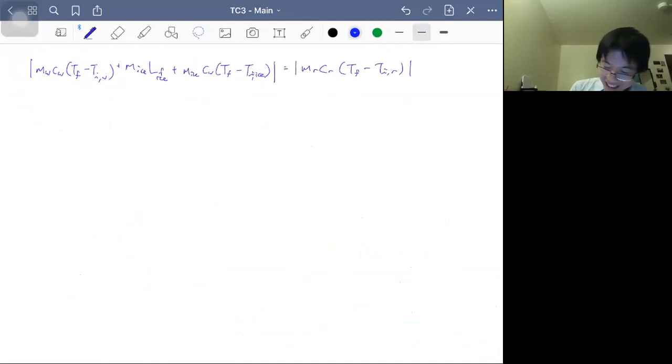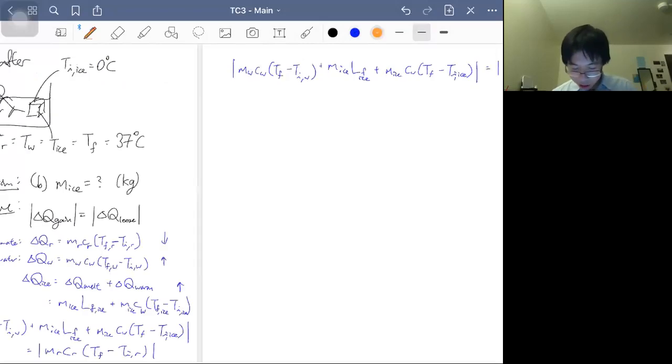All right, so wow, this looks complicated, right? Remember, when you have a long expression like this, you make it simpler by checking off things you know. Let's start from the very left, mass of the water. Am I given the mass of the bath water? Let me check the diagram.